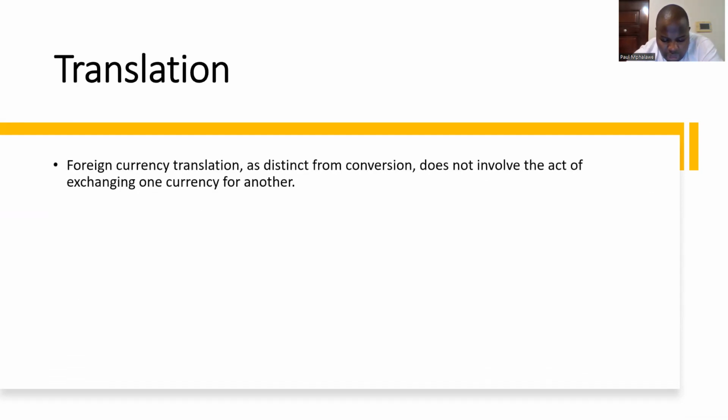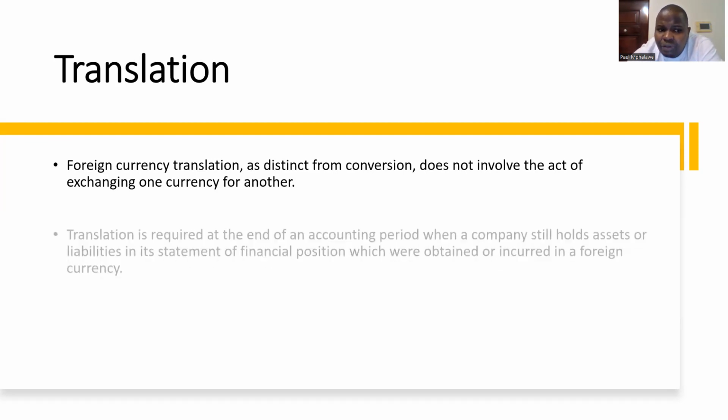Okay, another one is translation. We are saying that a foreign currency translation, as distinct from conversion, does not involve the act of exchanging one currency for another. But what does it involve?